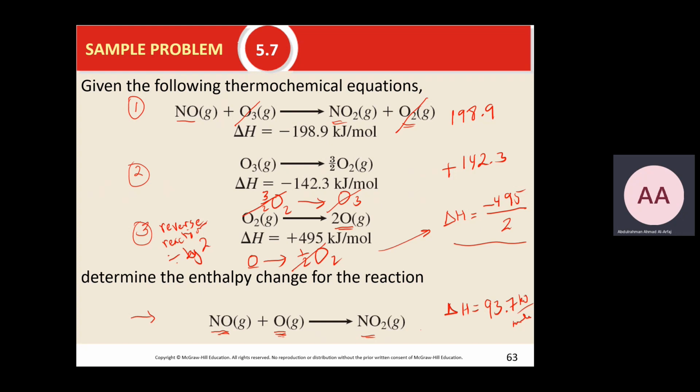The first one. Oh, the first one. I should put minus here. Sorry. So erase this. The first one, I did not reverse it or anything. That's why it is minus 198.